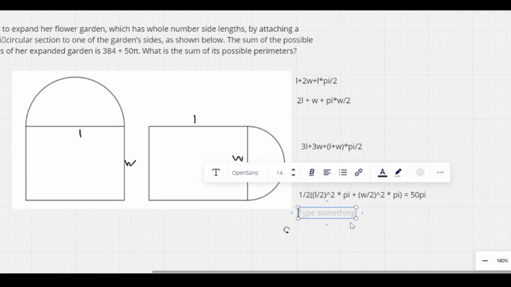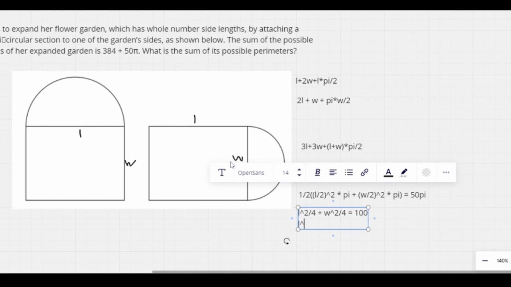So that will be L squared over 4 plus W squared over 4 equals 50 times 2, which is 100. So multiply both sides by 4. L squared plus W squared equals 400.